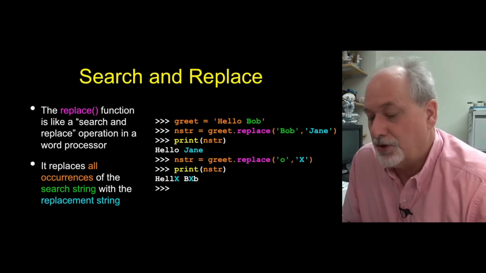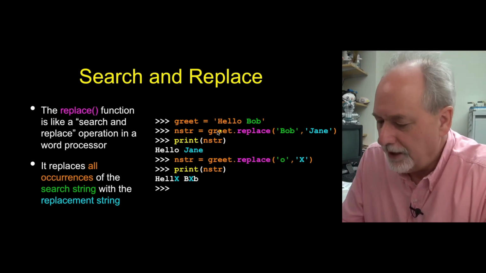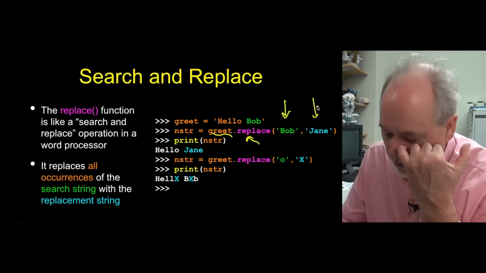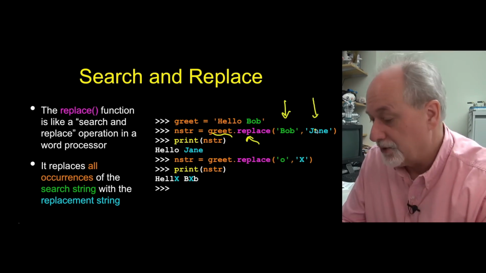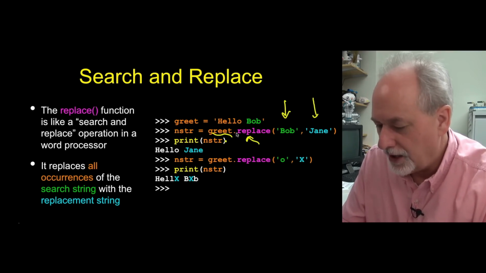Search and replace is super useful, super duper useful. And it's pretty clean. Here we have a string, and we use the replace method. In this case, we're passing in the old and the new. Replace all Bobs with Janes. And so that takes this hello Bob and turns it to hello Jane. Again, greet is unchanged.